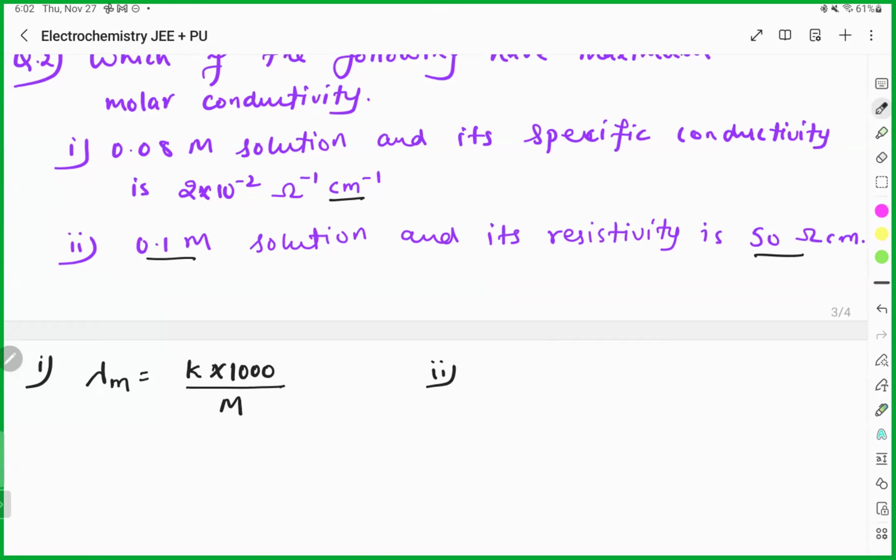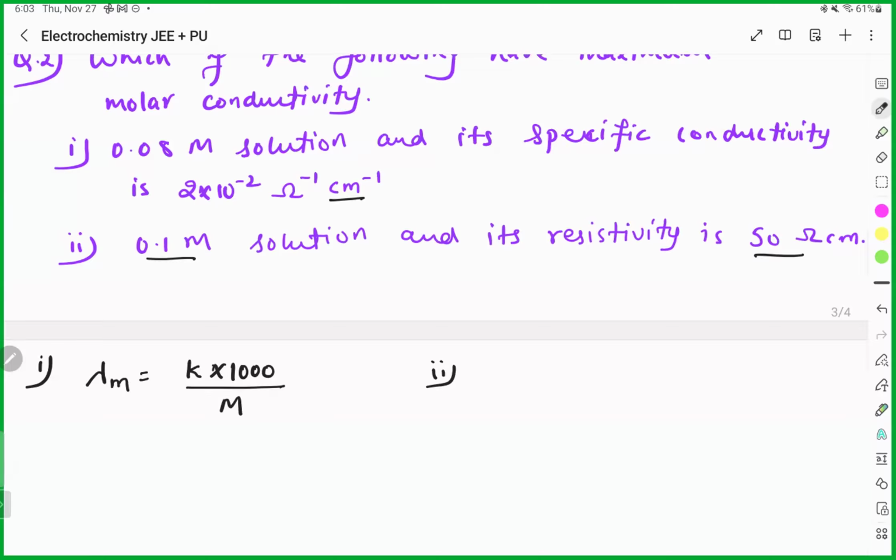Second one. First one, less molarity, more conductivity, right? Yes, sir. Exactly. That's all.